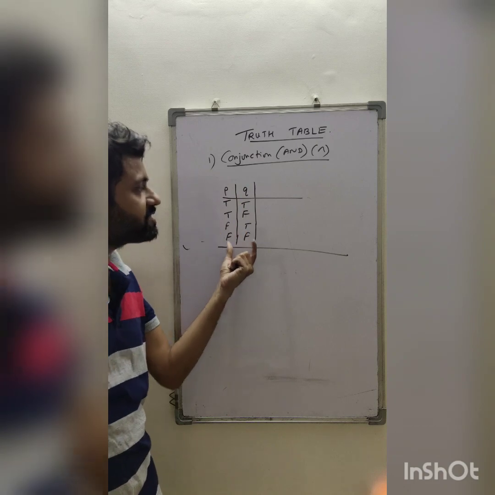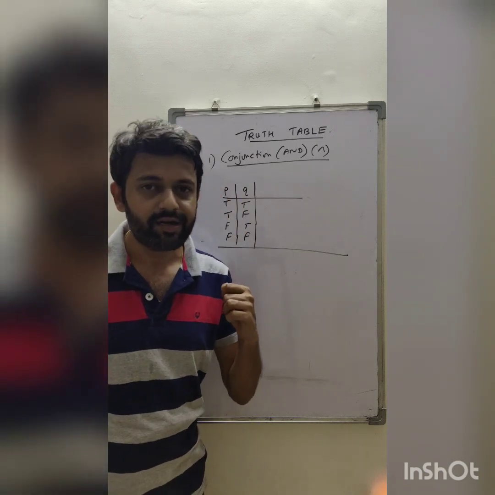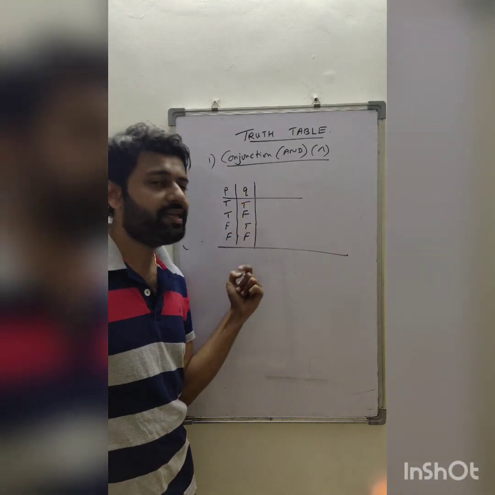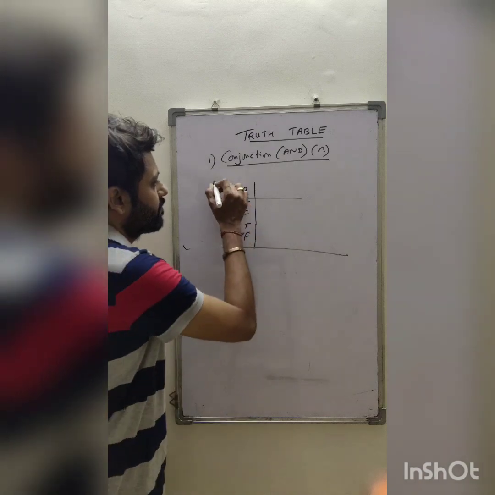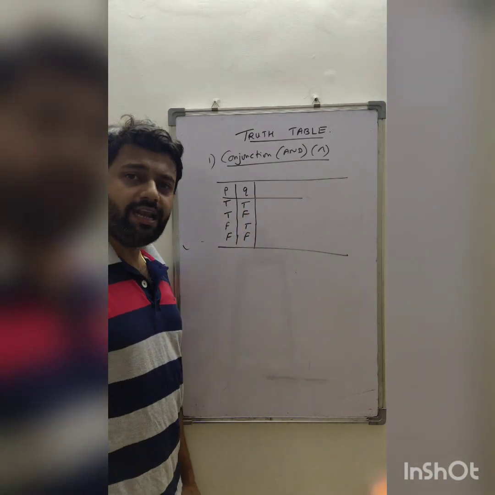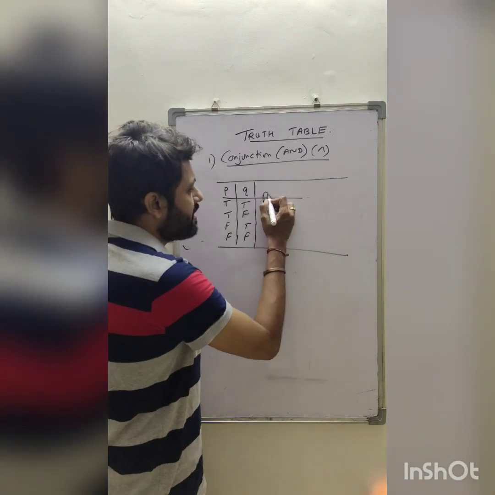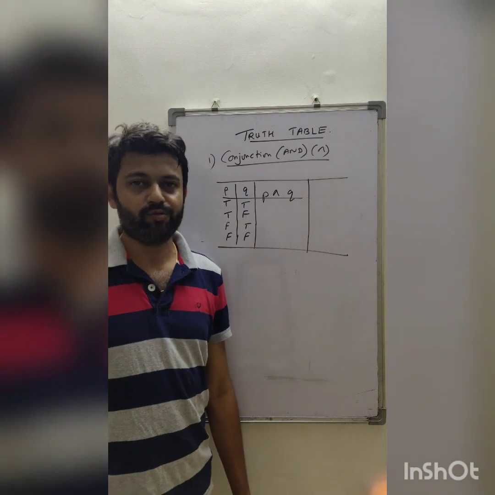This is how you have to construct a truth table: TT, TF, FT, FF. We are learning the final value of P and Q. What should be the value of P and Q?